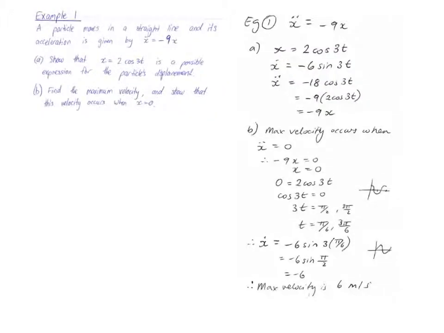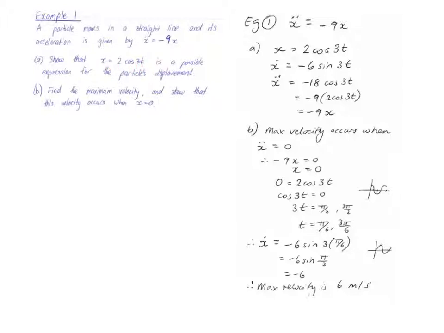In this first example, I've scanned all my solutions and put them in, so I'm just going to be explaining them. A particle moves in a straight line and its acceleration is given by that. Show that x equals that is a possible expression for the particle's displacement.